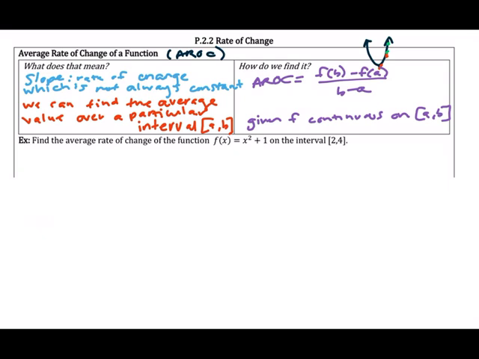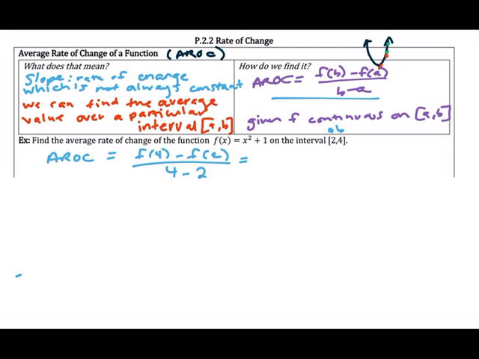So let's look at some examples. Find the average rate of change of the function f of x equals x squared plus 1 on the interval from 2 to 4. Using the formula that we just established, we have f of b minus f of a, all over b, which in this case is 4, minus a, which is 2.